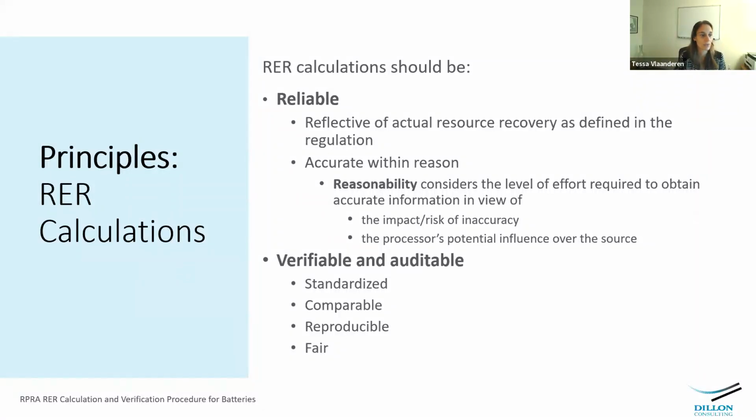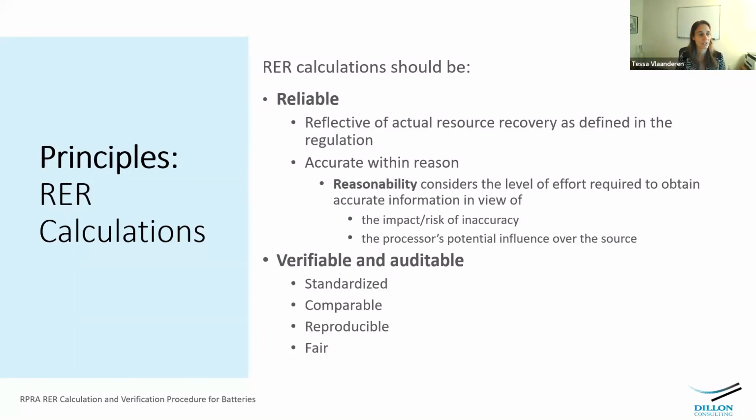The way we interpret this, and especially the concept of reason, is that reasonability really considers the level of effort required to obtain accurate information in view of the actual risks and impacts of inaccuracy, and in view of the processor's actual potential influence over the information source and the source of inaccuracy.